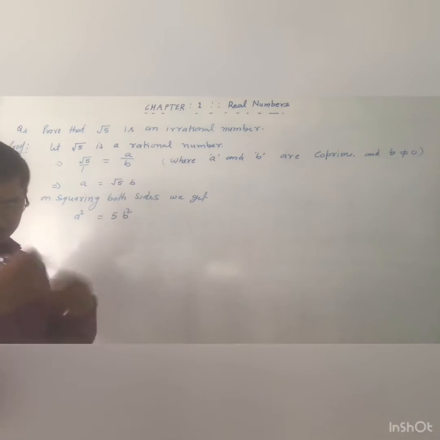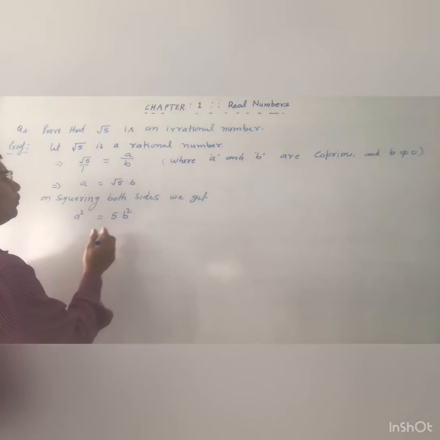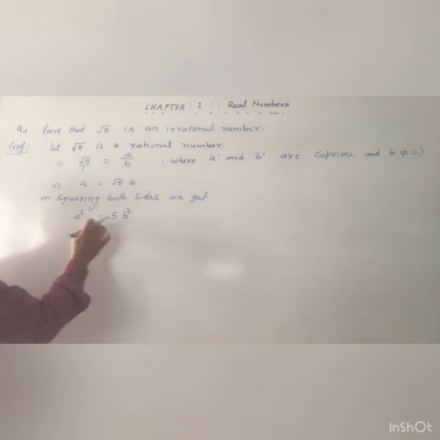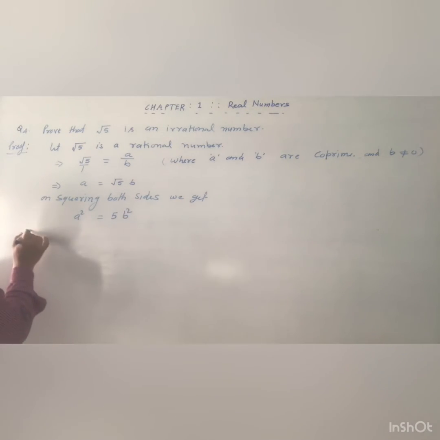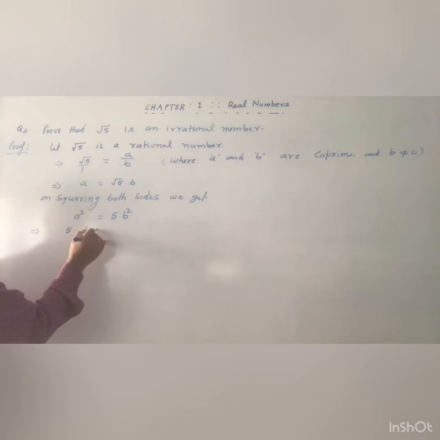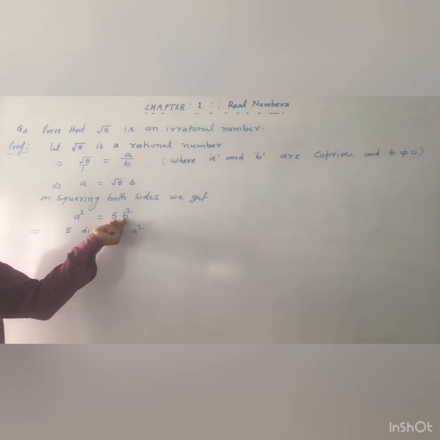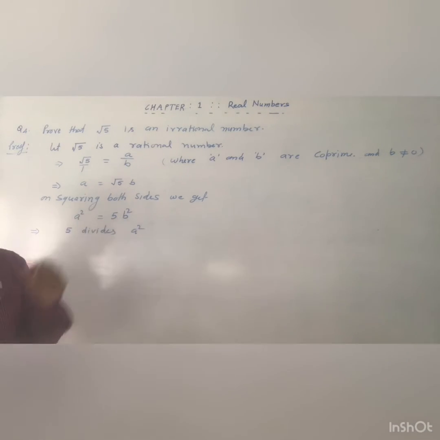So this implies that 5 divides a square. 5 is a factor of the right hand side.